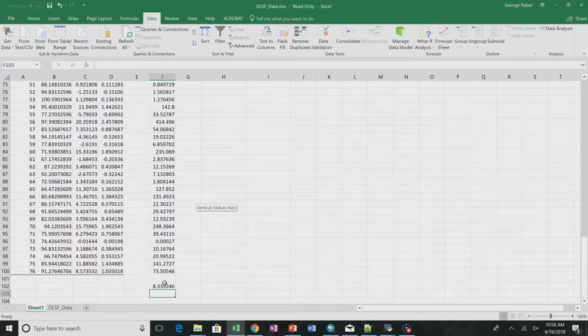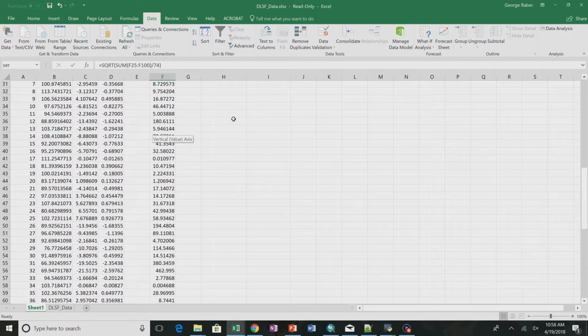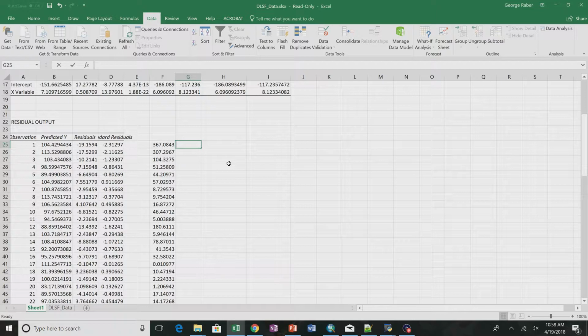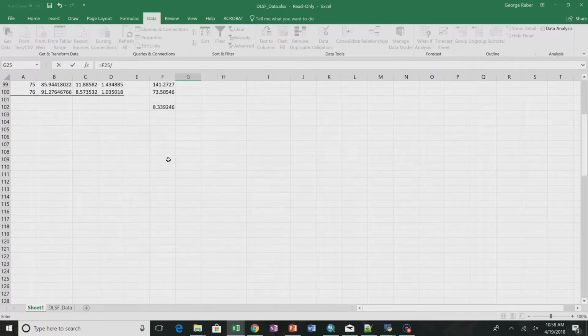Yep. So then you take this value here, we're going to call this the standard error of the residuals, and you say that's going to equal this divided by the standard error of the residuals.